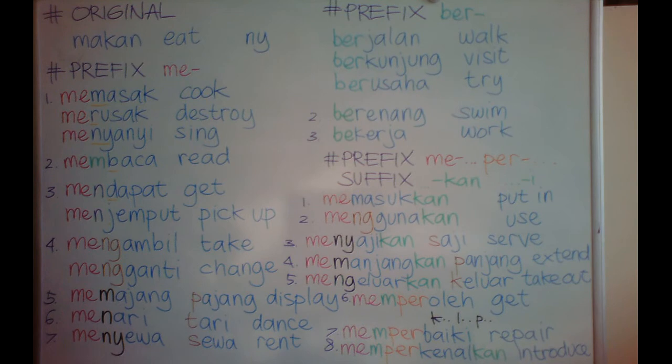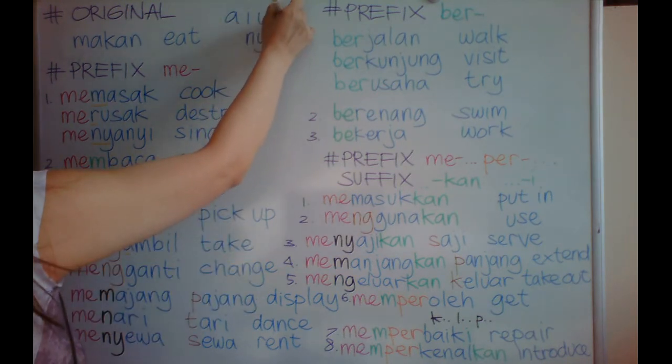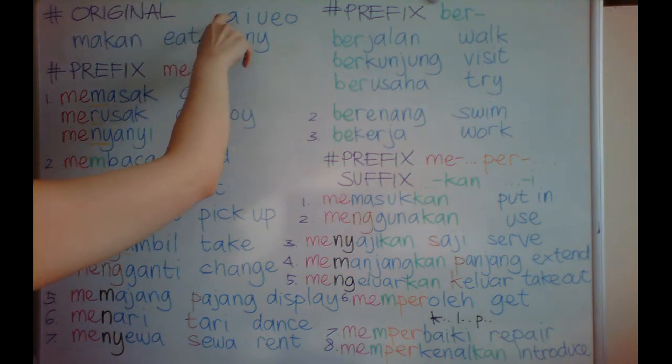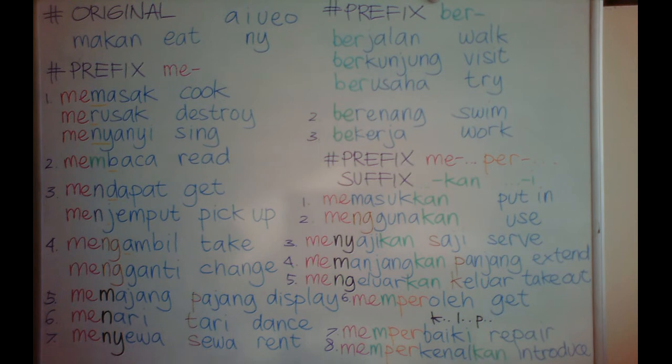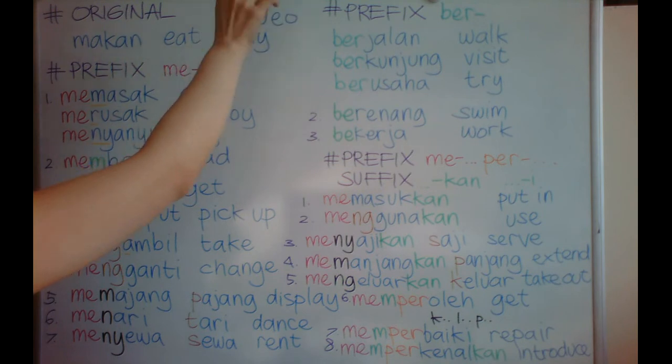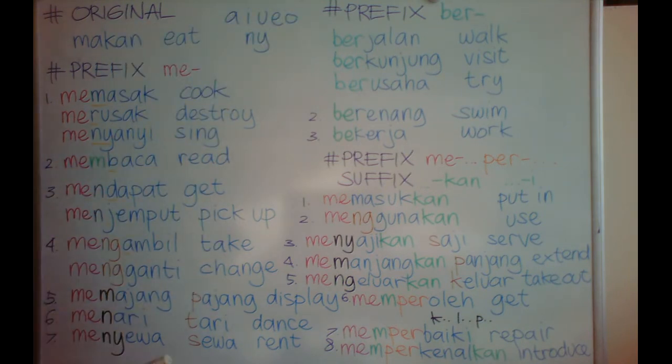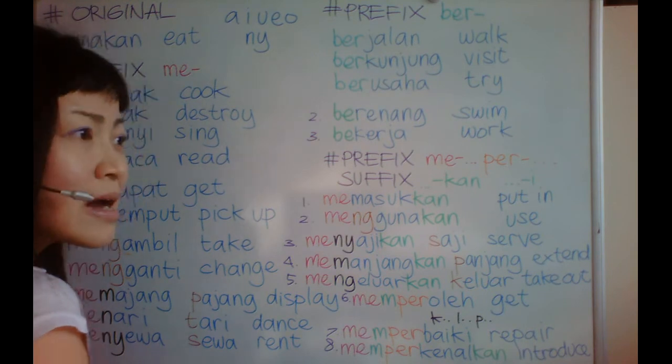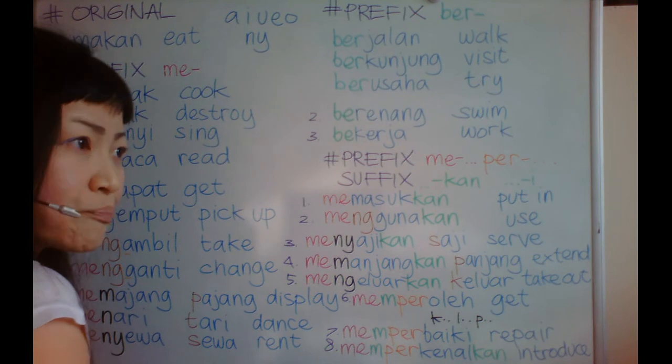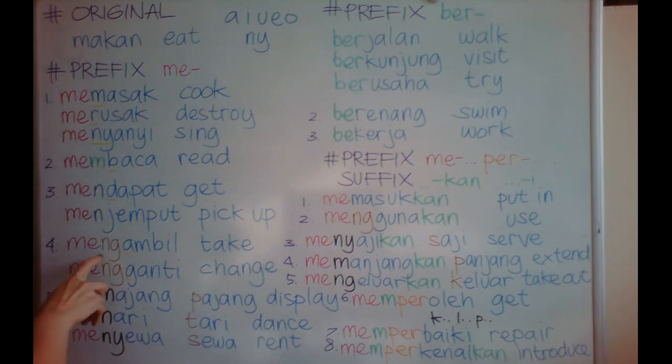Number 4, if it starts with a vowel, and the vowels in Indonesian are A, I, U, E, O, and also if the initial is G, you have to put meng. It's like when you say the ng in ring.